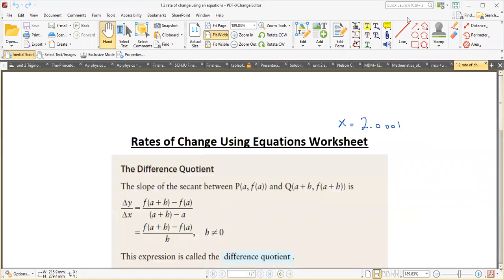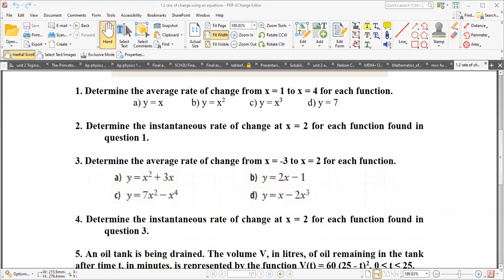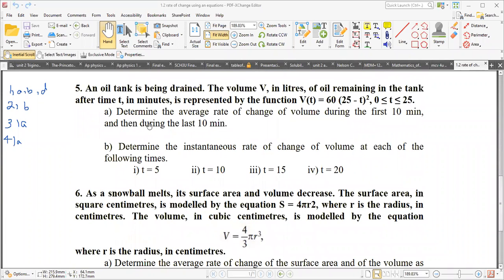Now, looking at the worksheet, the questions I'm asking you to do are: question 1, A, B, and D. Question number 2, do part B. Question number 3, A. Question number 4, A. Question number 5, A-I and B-I.